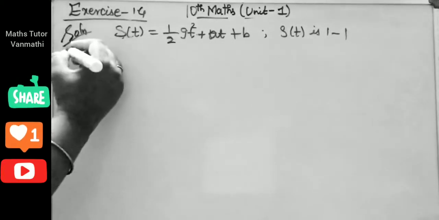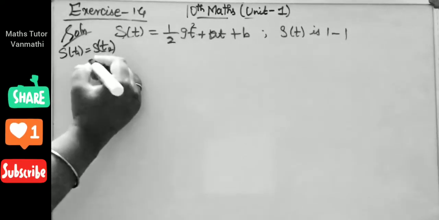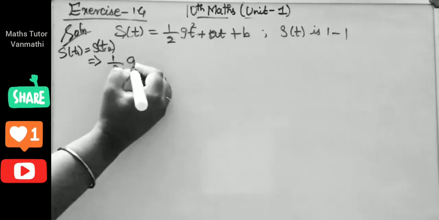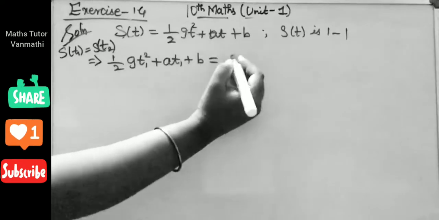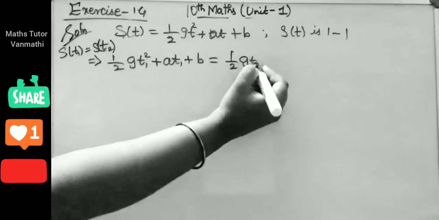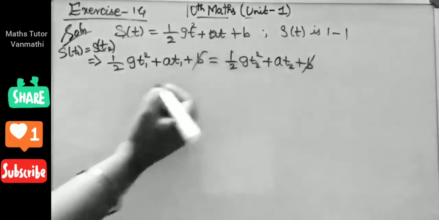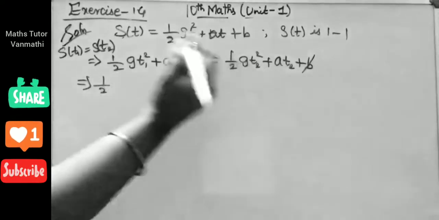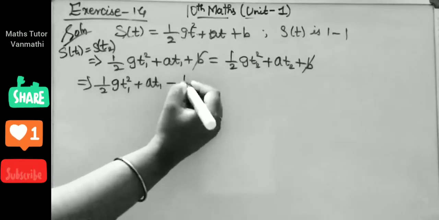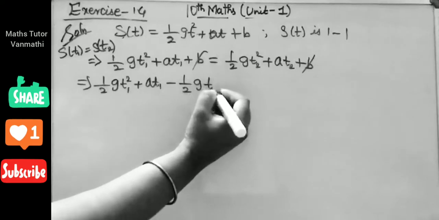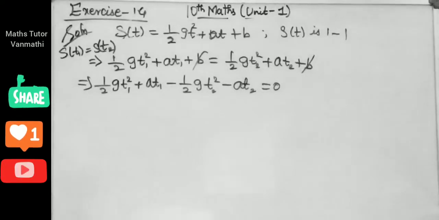Okay. For this we are considering s of t1 equal to s of t2, which implies 1 by 2 gt1 square plus at1 plus b equal to 1 by 2 gt2 square plus at2 plus b. Cancelling b, taking all the terms to one side, you get 1 by 2 gt1 square plus at1 minus 1 by 2 gt2 square minus at2 equal to 0.